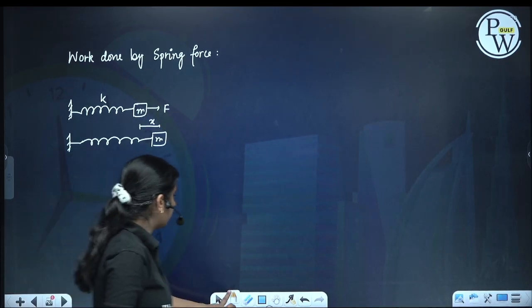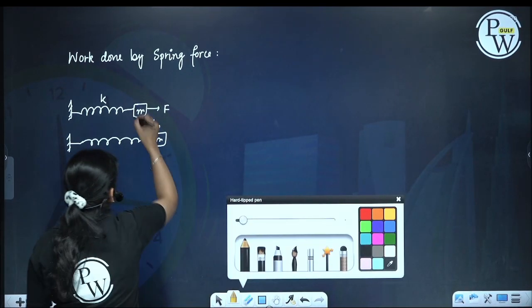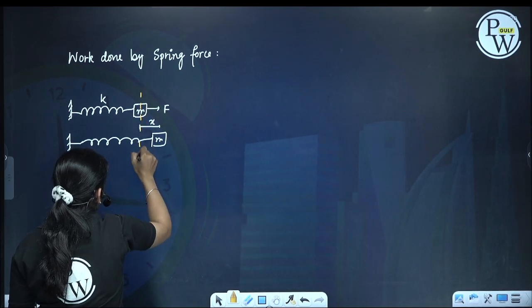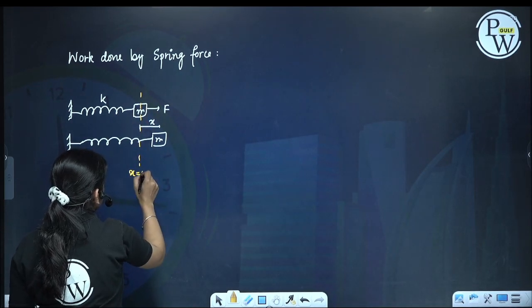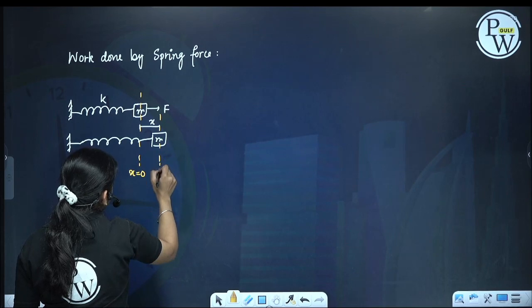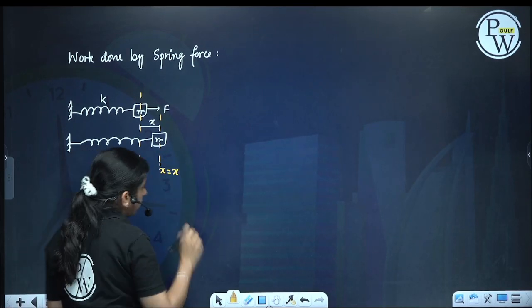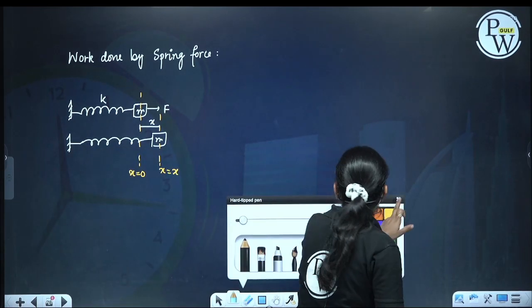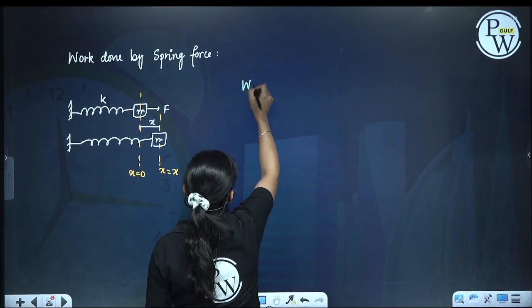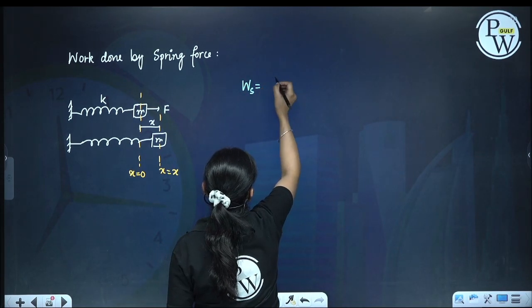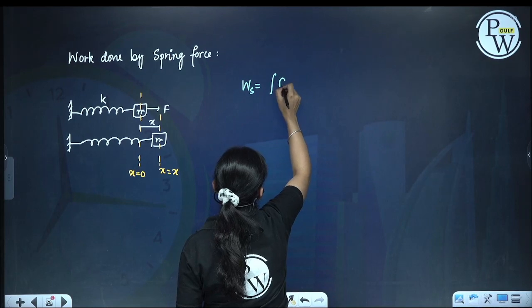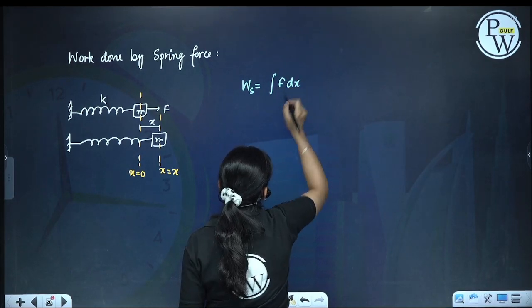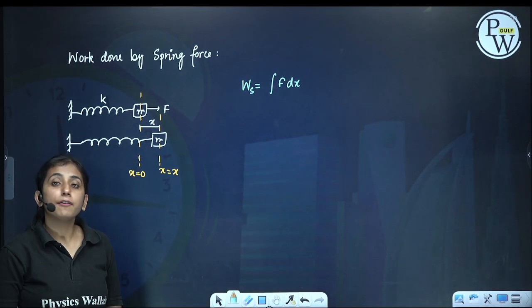Now earlier the spring was at a position of x is equal to 0. Now the spring is at a position x is equal to x. Okay, so work done by spring force will be equal to integration of Fs dx.